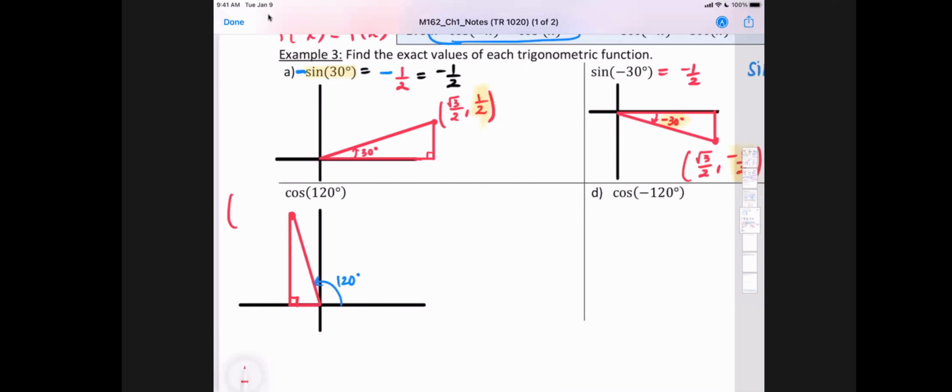And so it's short on the horizontal leg, so negative 1/2, and then positive root 3 over 2 for y. So cosine of 120 degrees is negative 1/2. Sorry.